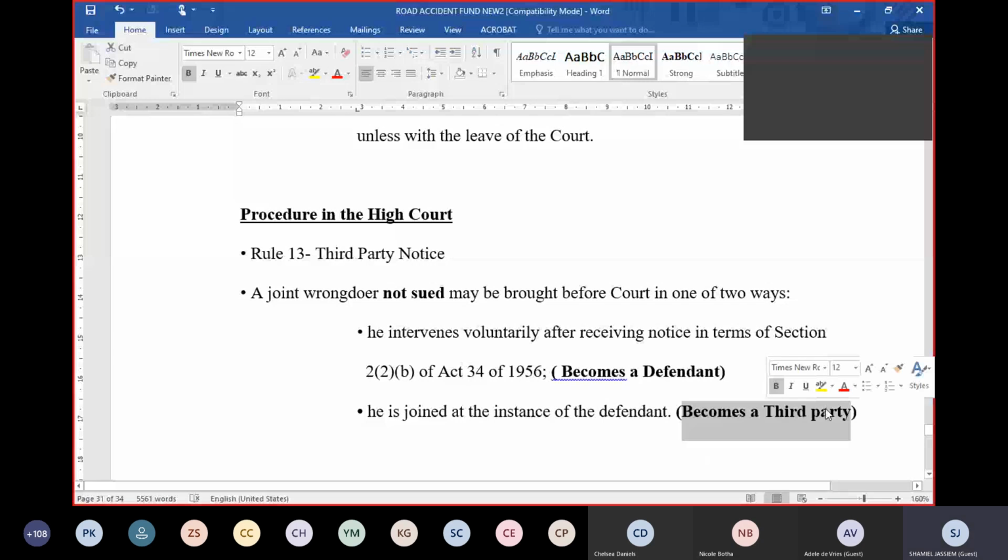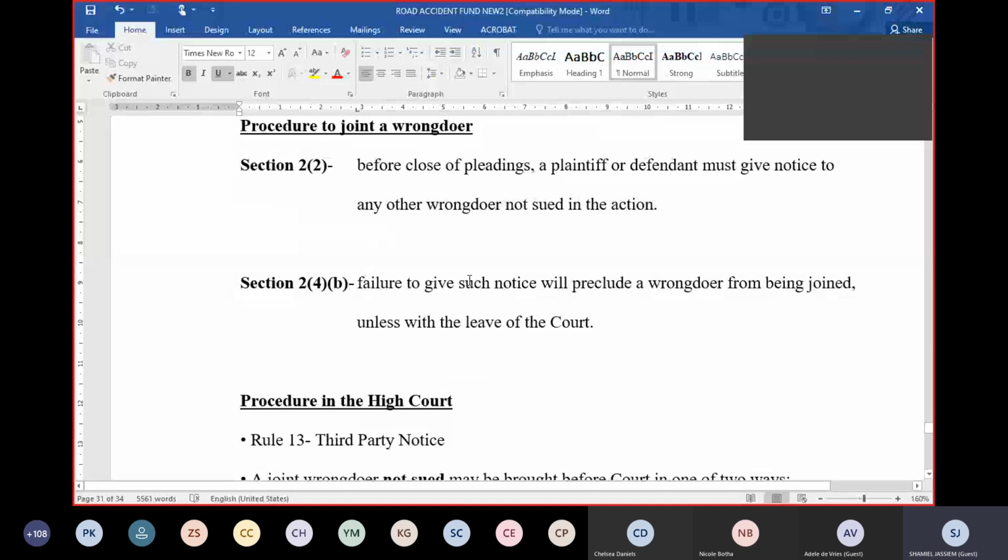I'll repeat. We are now in the High Court. I am the defendant. I was sued by the plaintiff, but I feel that you must also be joined to proceedings because you are also liable for the injuries that the plaintiff sustained. Before close of pleadings, I send you my notice in terms of Section 2.2 that states that I give you notice that I want to join you to proceedings in this action.